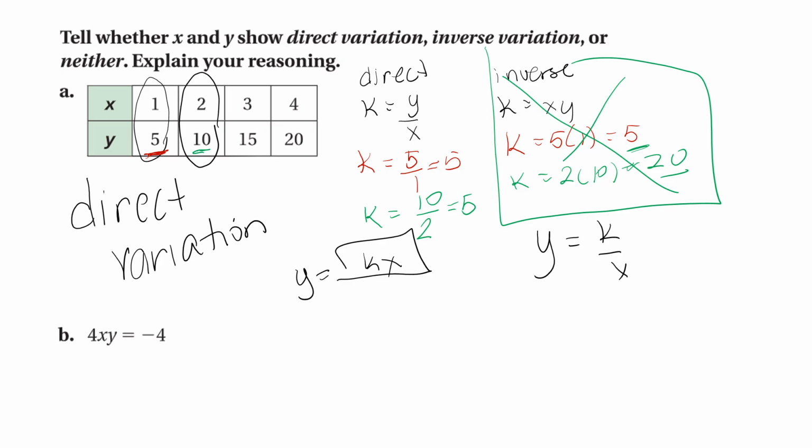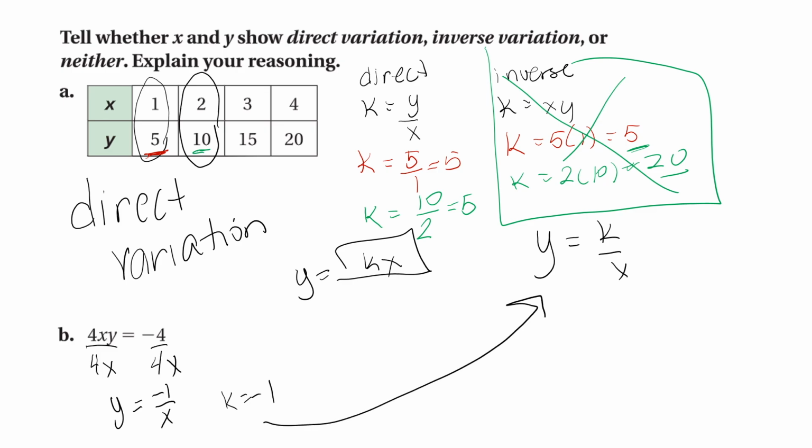My goal here is to get y by itself, so I'm going to divide by 4x. And so I have y equals negative 1 over x. I can see that division. I can see that my constant of variation is negative 1. It fits into this format, so this is an inverse variation.